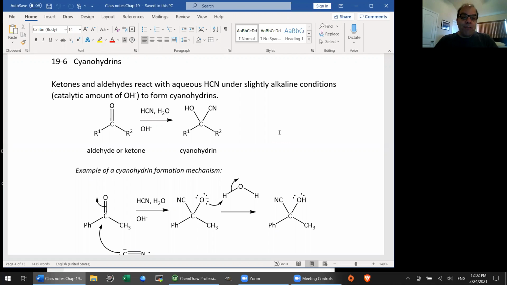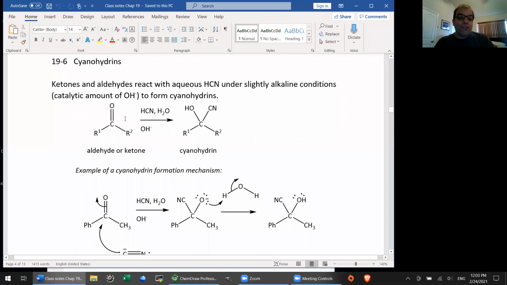Good. Now, we did mention last time about cyanohydrins. This is the result of net addition of HCN to an aldehyde or ketone, and I have here just a generic aldehyde or ketone.